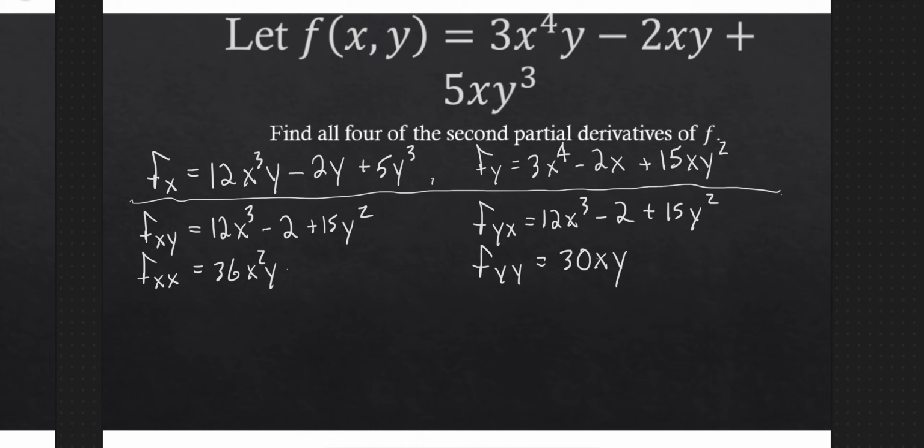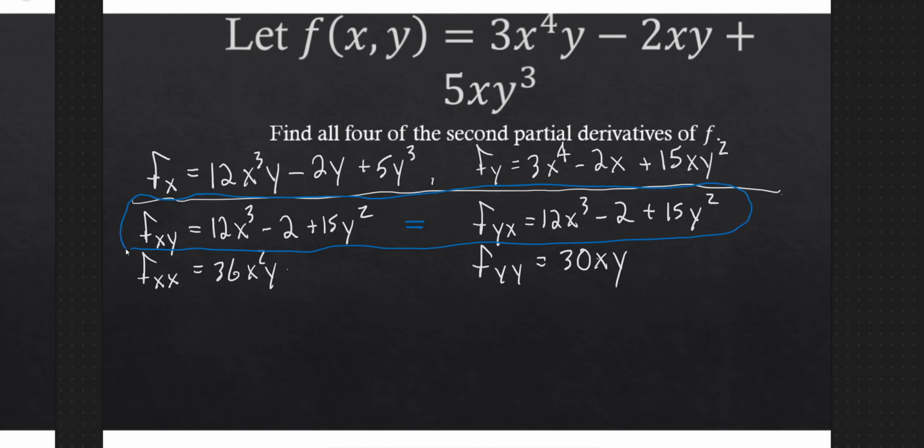Now I want to point something out here, that fxy is the same as fyx. So that's a curiosity. I mean, fxx and fyy, these are distinct from each other and the other ones, the mixed partials. But these two are equal to each other. So that's kind of interesting.